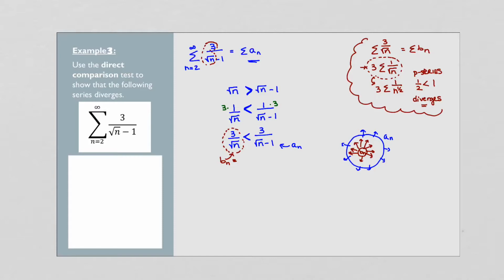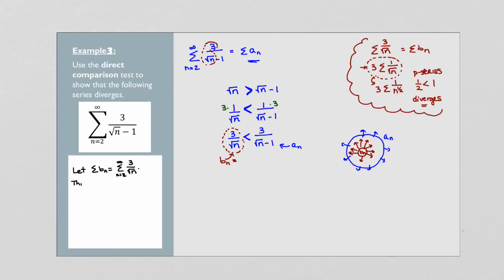Let's write this out officially. So we let the series b sub n be the infinite series n equals 2 to infinity of 3 over the square root of n.